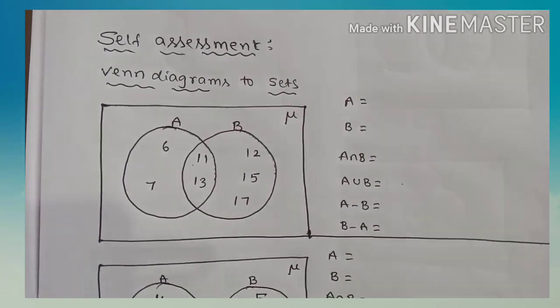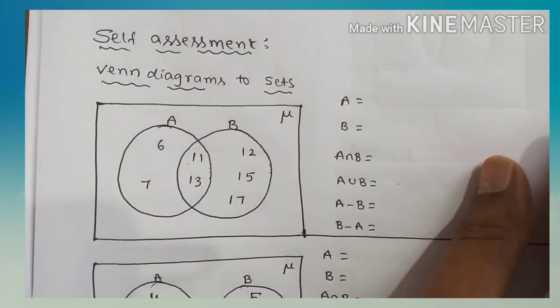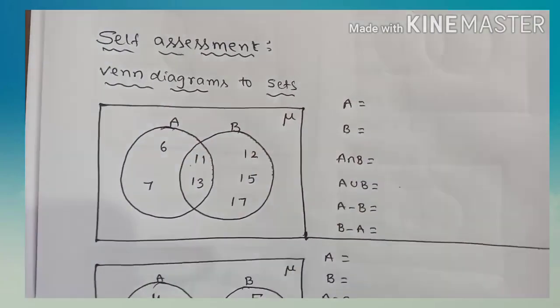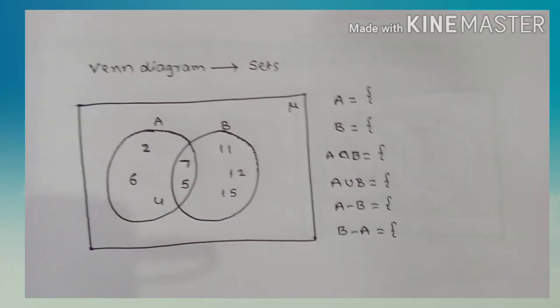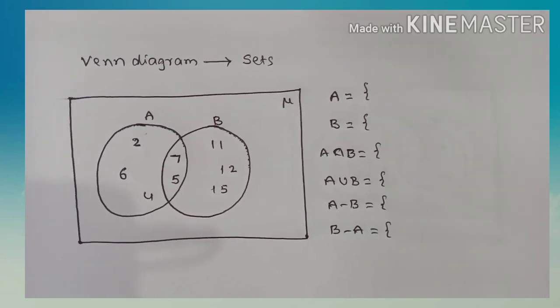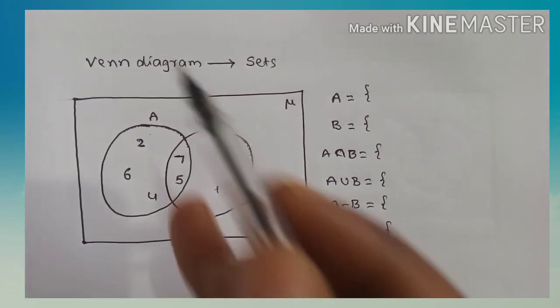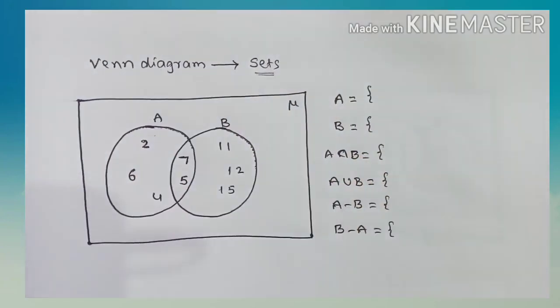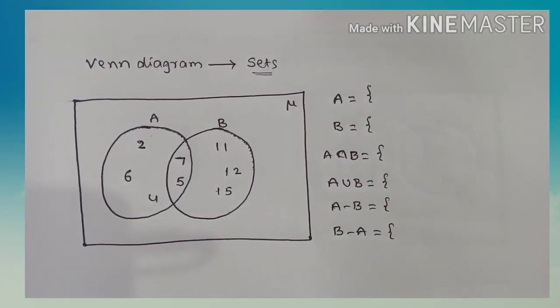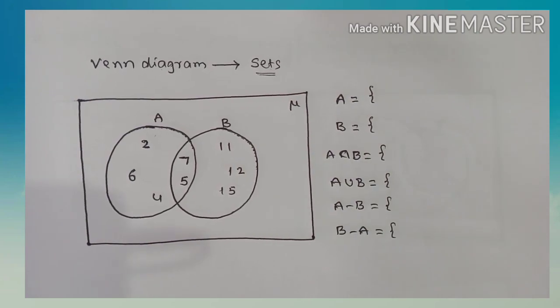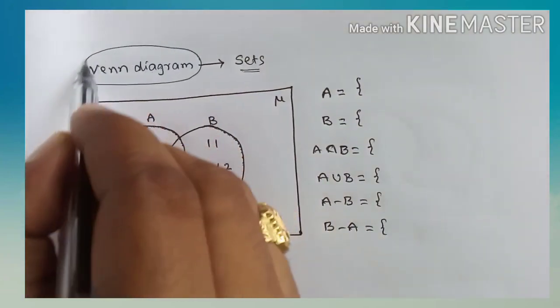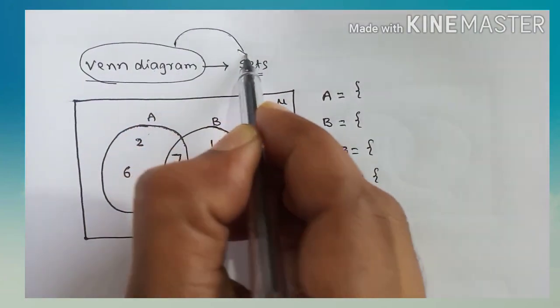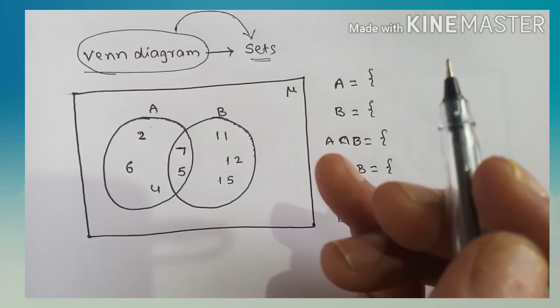Now the second type. Till now in the problems we have practiced, they gave the sets and you drew the Venn diagrams. But now in this problem, Venn diagrams are given, and we have to write the sets.